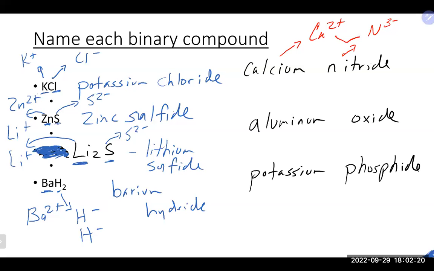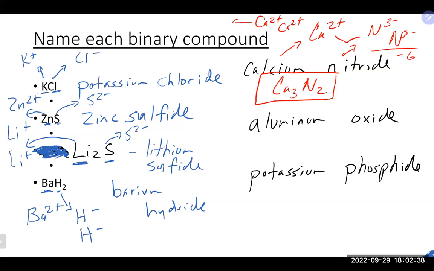So when we put these together, we basically need to get to 6 for each of them. So that's going to give you 3 calciums needed and 2 nitrogens needed. Again, giving you -6, and your 3 calciums giving you +6. Any question on that one there?